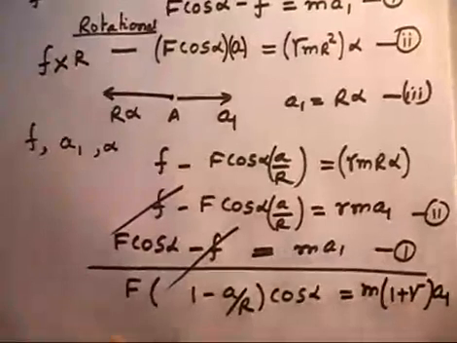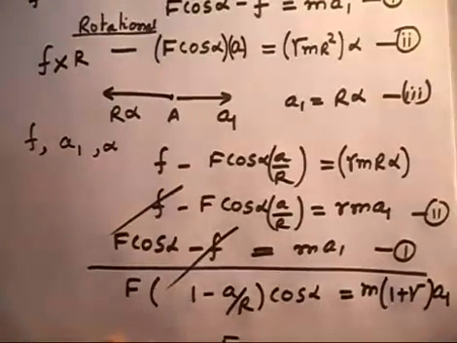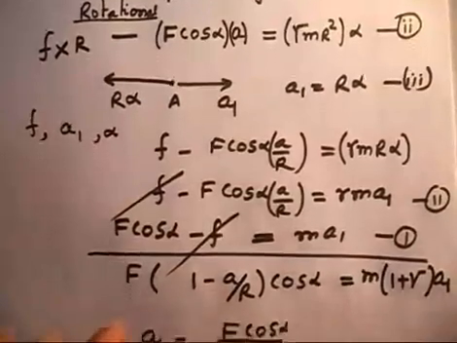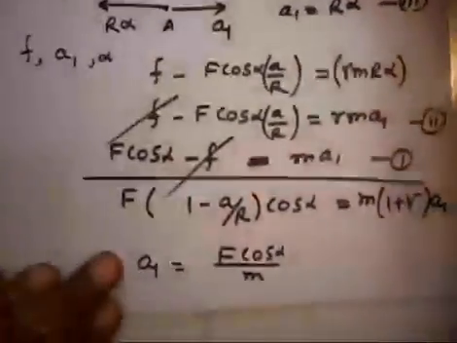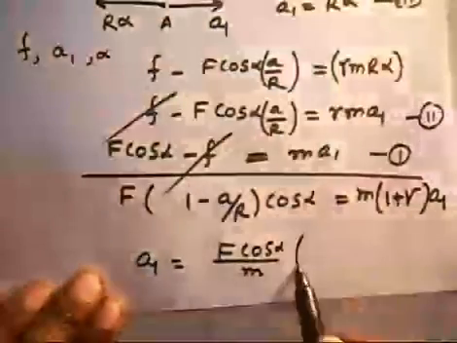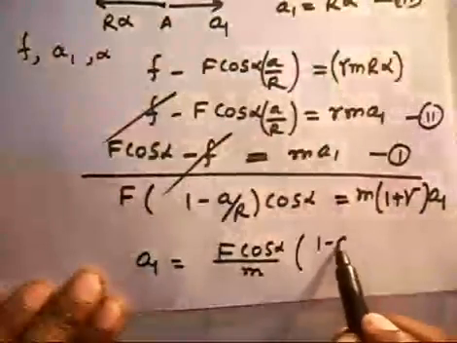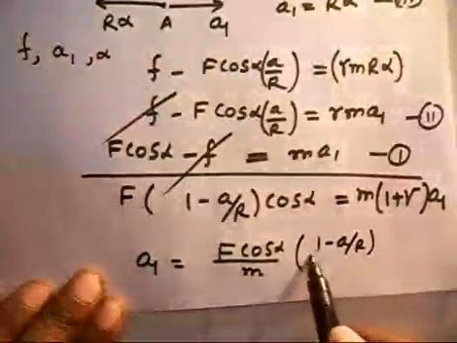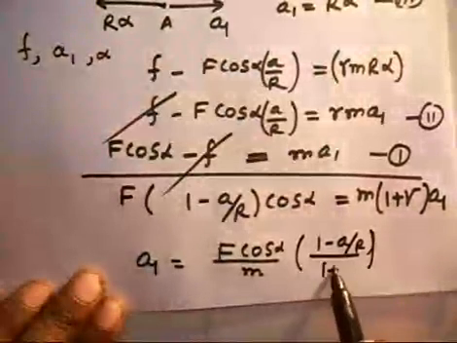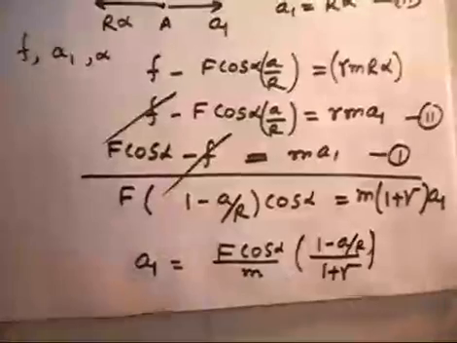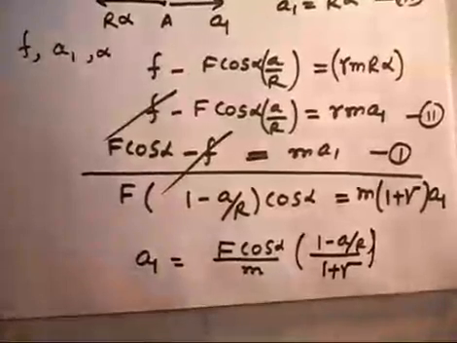So from here I can write A1 is F cos alpha by m into 1 minus a by R divided by 1 plus gamma. This we will get. Let us just copy this one.